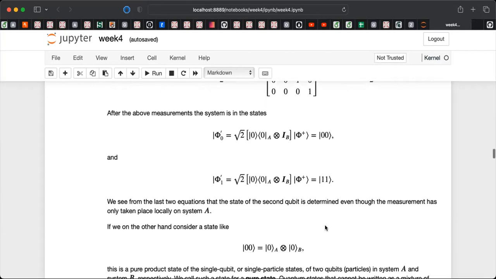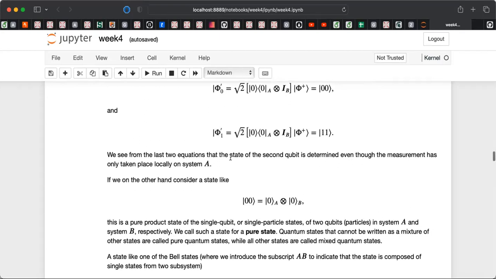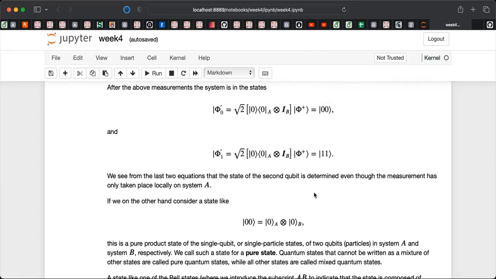And you see from the last two equations that the state of the second qubit is actually determined, even though the measurement has only taken place locally on system A. So you could think of acting on system A with a laser, and system A is basically independent of system B. So you could think of having localized particles within the uncertainty principle, which are particles where you can perform measurements without affecting the other system.